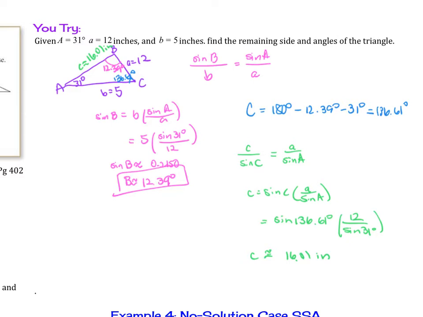Then you find that angle B is approximately 12.39 degrees. To find angle C, you do 180 minus 12.39 minus 31, which is approximately 136.61 degrees. Then the last thing to find is side c, so I use c over sine of C equals a over sine of A. Then I found that side c is approximately 16.01 inches.